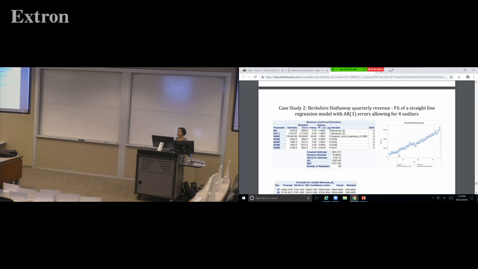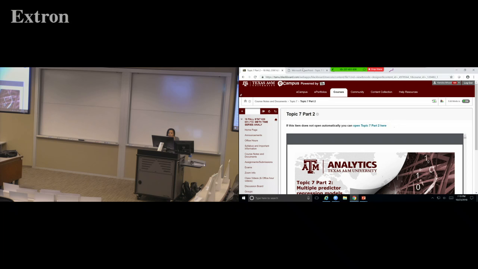In this data set, we didn't do any transformations, so the interpretation of our slope coefficient is exactly the same as in regression. A 1 unit increase in X, here quarters since the beginning of 2000, will lead to an increase in Y of about 739. So the interpretation of the slope coefficients has not changed from your regression course.